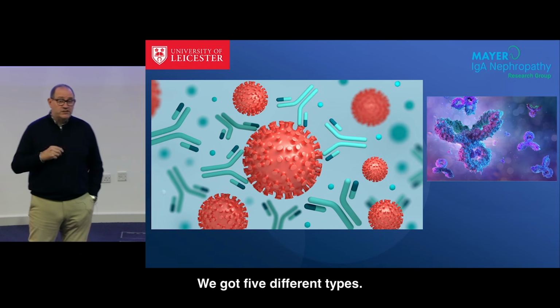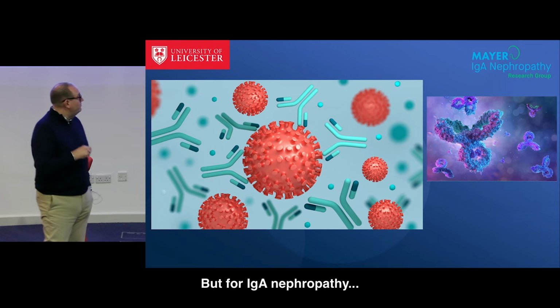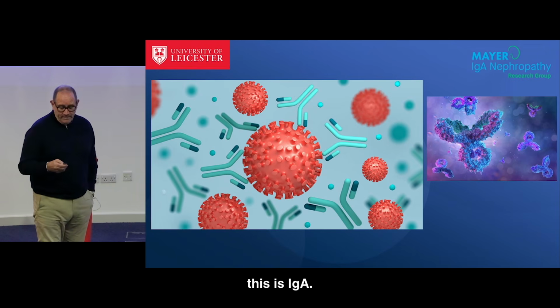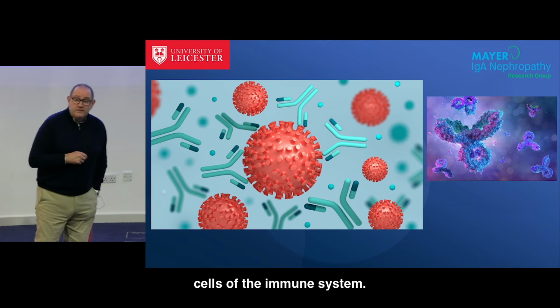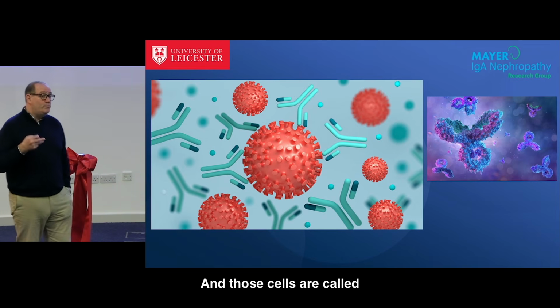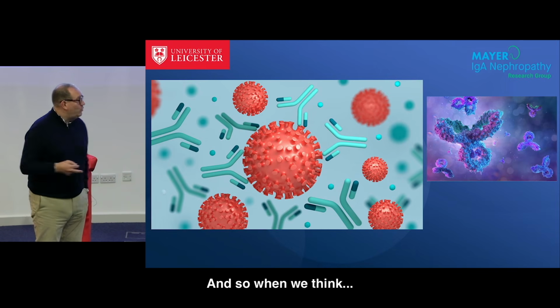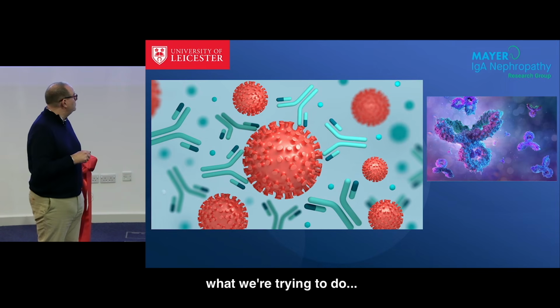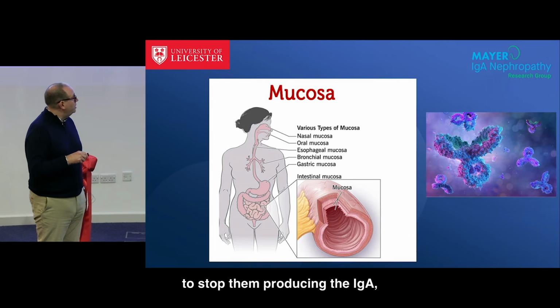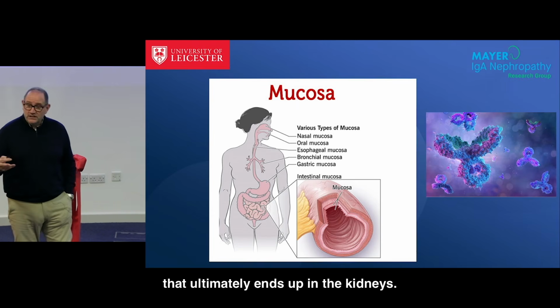We've got 5 different types, but for IgA nephropathy, this is IgA. And IgA is produced by cells of the immune system, and those cells are called B cells. And so when we think, and I'll come on to the kind of treatments we're looking at, what we're trying to do is target these cells to stop them producing the IgA that ultimately ends up in the kidneys.